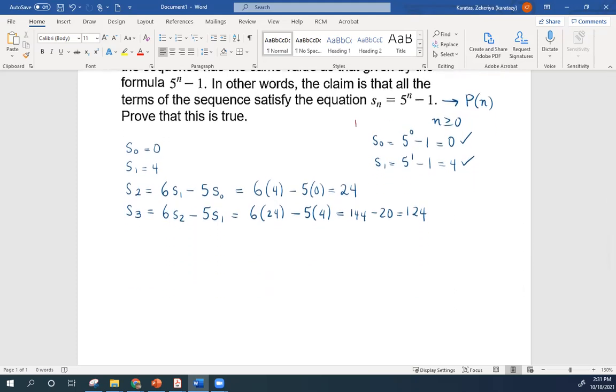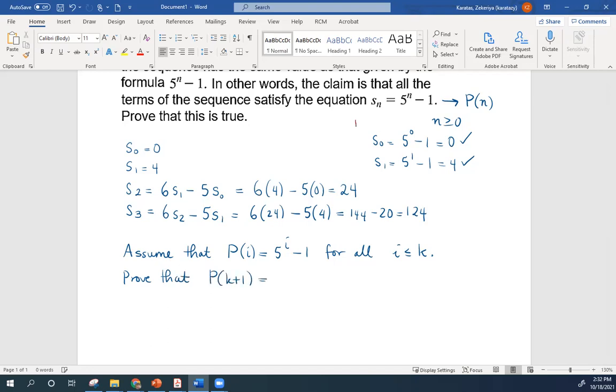Now let's go further. This is strong mathematical induction, so we assume PK, or PI, equals 5 to the I minus 1 for all I less than or equal to K, including K. And we want to prove that PK plus 1 is correct.